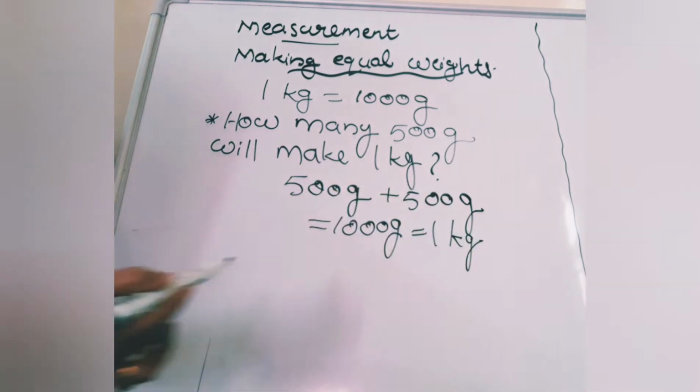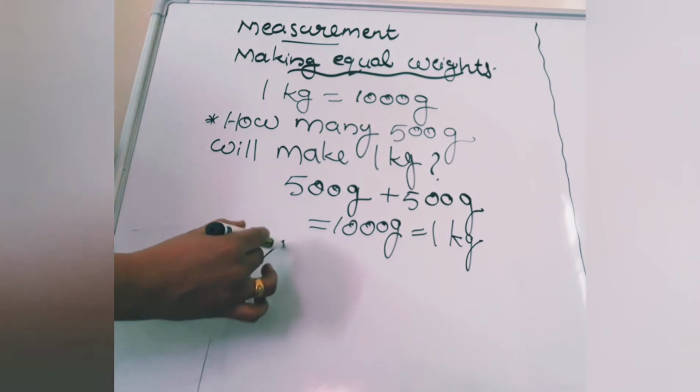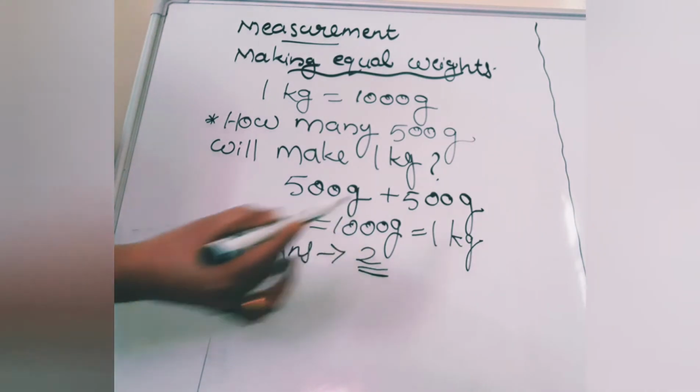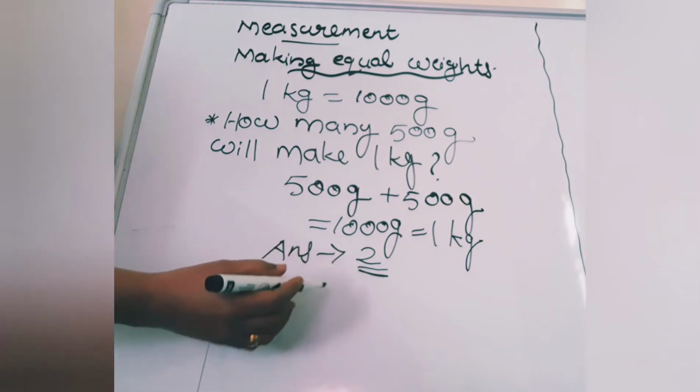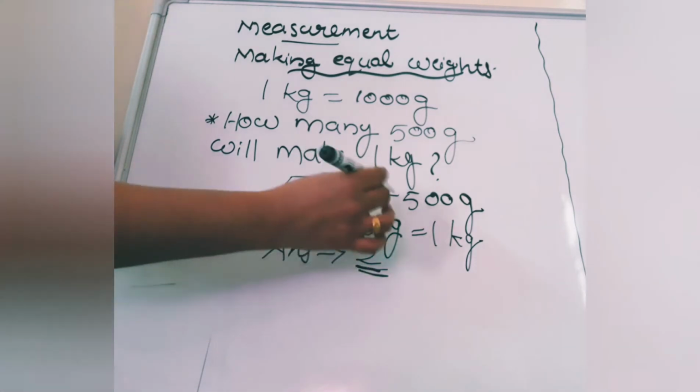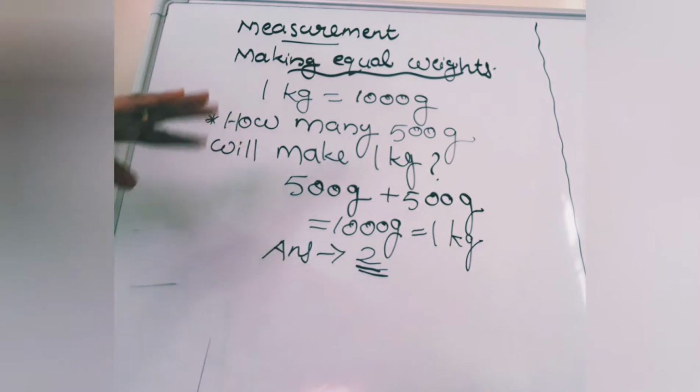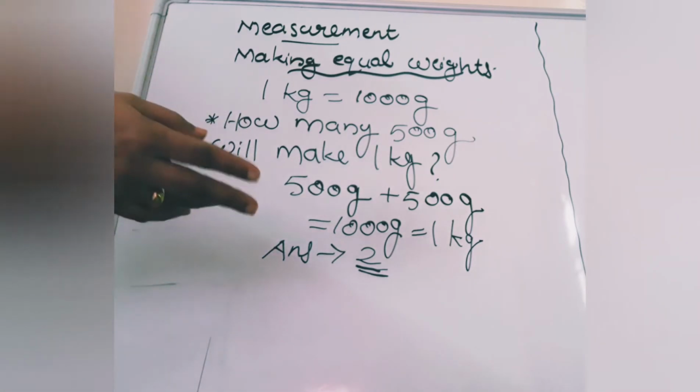So now it is very simple. Answer is 2. 2 means here what? 2 times 500 grams will make 1 kg. Sometimes they ask directly how many 500 gram will make 1 kg, or how many 500 gram will make 1000 gram.